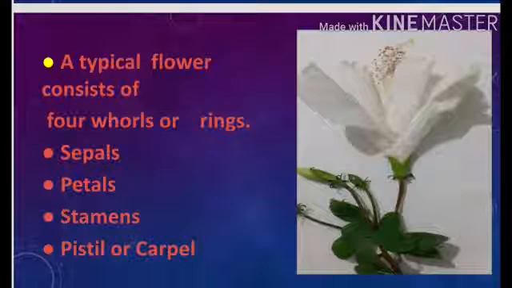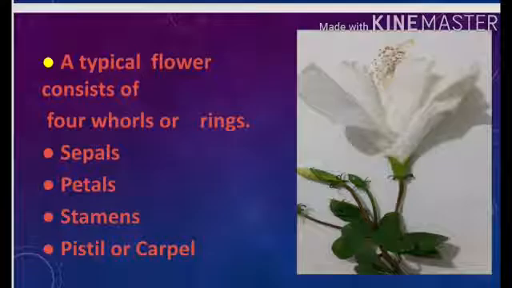Now, a typical flower consists of 4 whorls or rings. Why are we saying rings? Because these are present in the form of rings. First ring is known as sepals, second is petals, third stamens, and fourth one is pistil or carpel.